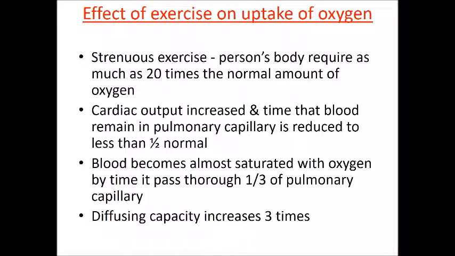But as we have discussed in the graph, blood becomes almost saturated with oxygen by the time it passes through the 1/3 of the capillary. So there is no problem. And diffusion capacity also increases 3 times by opening up of new capillaries and by vasodilatation of the already open capillaries. So there is more surface area.